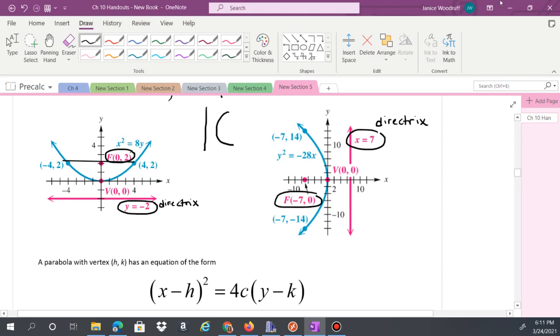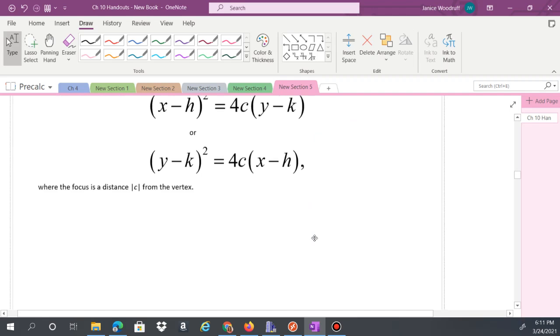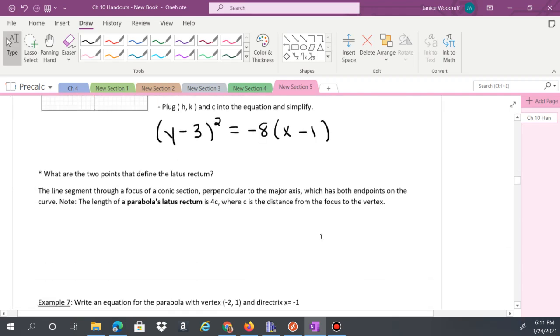So how do you find it? The length of the entire latus rectum is 4c, where c is the distance from the focus to the vertex. In this case, c was -2, so 4 times -2 is -8. You can't really have a distance of -8, so it's really the absolute value.